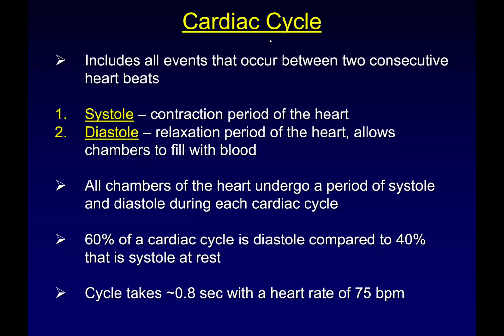So if we spend 60% of our time there at rest, when your heart rate is around 70 beats per minute or thereabouts, as heart rate increases, the total amount of time between each heartbeat shrinks. And as it shrinks, the amount of time spent in diastole is going to shrink as well.